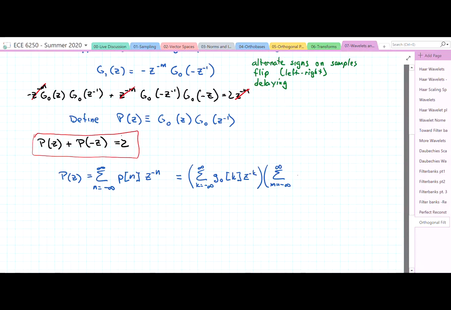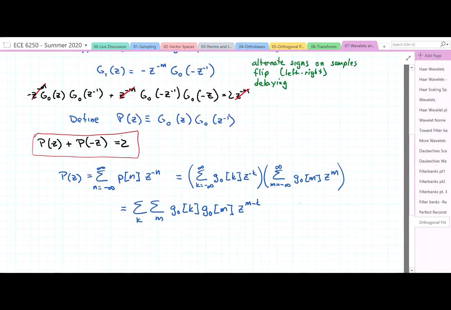And if you remember your basic DSP from 3rd grade, you might recognize this whole G of Z times G of Z inverse as a special function, and we'll get to that in just a moment. So this could be the double sum over K and M of G naught of K and G naught of M Z to the M minus K.